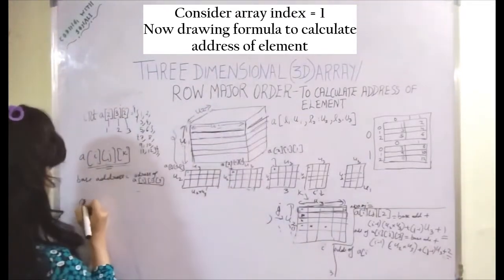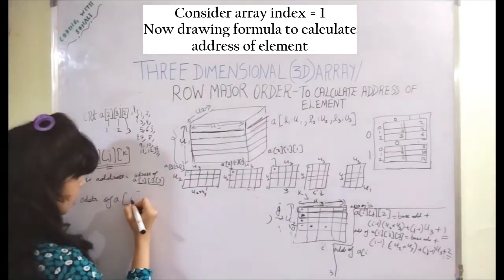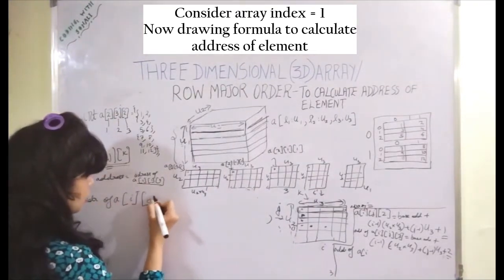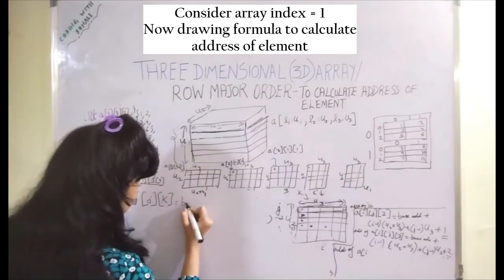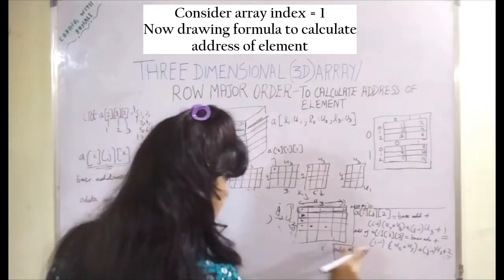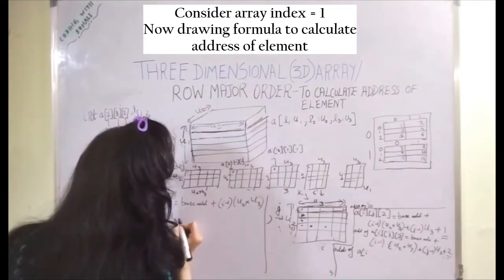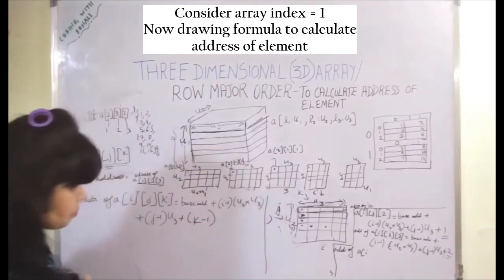To calculate the address of array of i, j, and finally k, it equals simply the base address we have seen plus what we have seen, and then plus k minus 1.